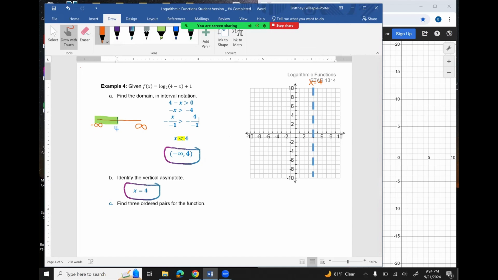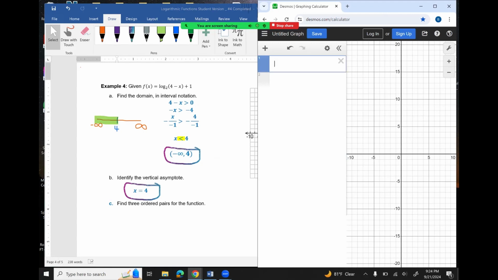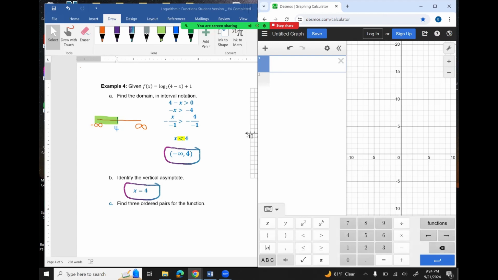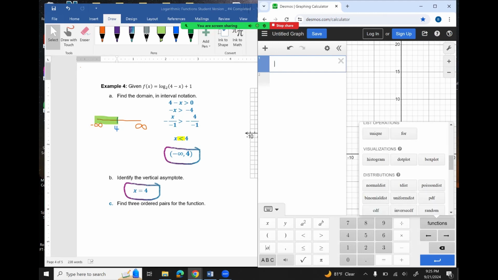All right. Next step, we need to be able to find 3 ordered pairs for the function. Now, I told you that I was going to use our Desmos graphing calculator in this section. Okay, so if your keyboard is not up, click on the function box, click on your keyboard. If you do not have the ability to type log, you're going to go to functions and all this icky stuff that you don't have to worry about yet.